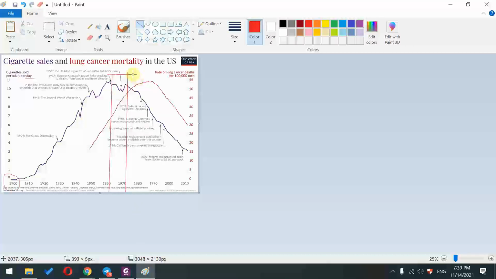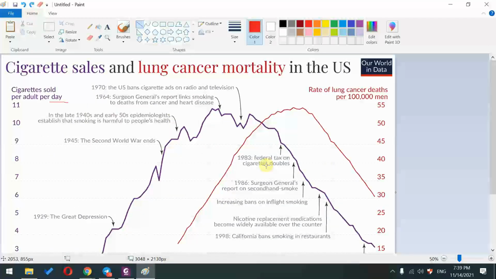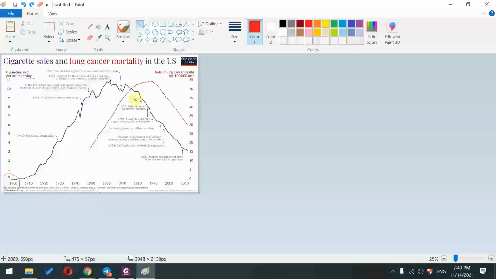Then what comes? HIV. Oh no, sorry, it comes taxes. So you see, in 1983 the federal tax doubled on cigarettes. So people are like, well, if smoking is really expensive, should I continue smoking? Screw that, I don't want to do this. So it has been decreasing gradually.